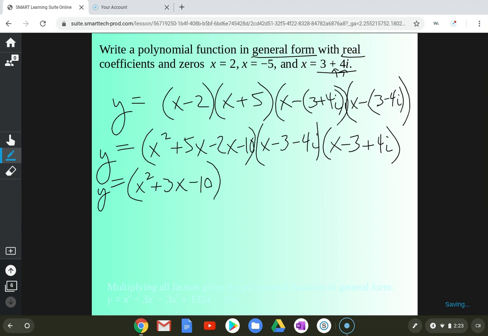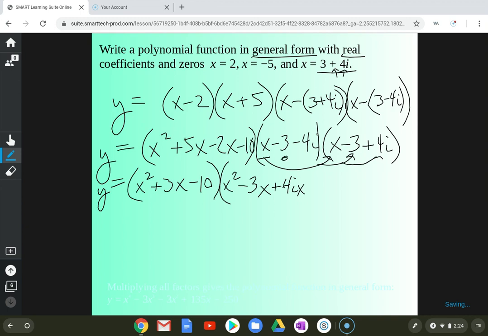All right, let's start distributing. So when I distribute trinomials times trinomials or anything like that, I take my first term and I multiply it by all three of these. So x times x is x squared. X times negative 3 is negative 3x. X times 4i is plus 4ix.